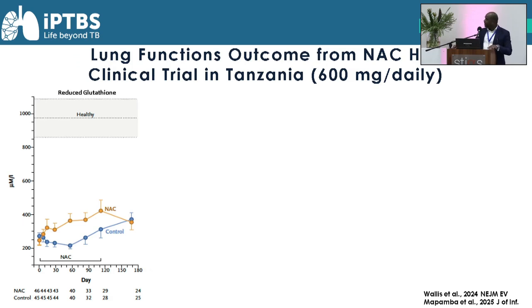One of the first studies in Africa that had improvement of lung function as endpoint was done in Tanzania. And you can see here, despite the fact that NAC improved the level of glutathione compared to the control, this was not near the healthy control level.